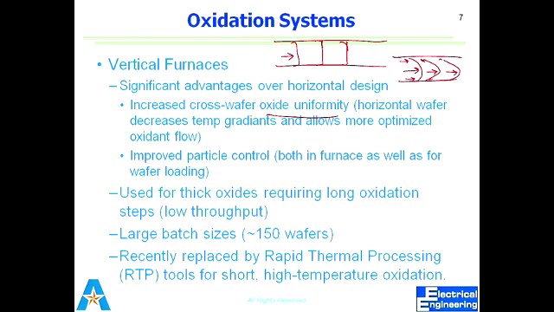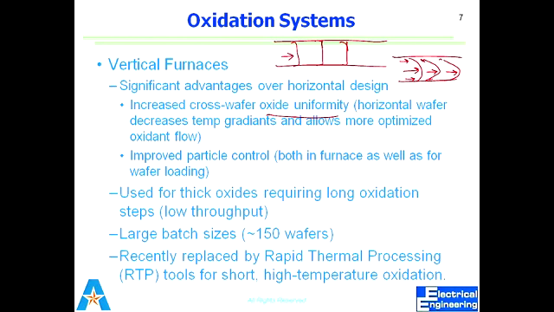Due to the automation of the vertical system, it's a more contamination-controlled process. You are not taking it out of the system, not exposing it to the air, so there are fewer chances of impurities or particles on the wafer. So due to that automation, there is better control of particles or contamination in the vertical furnace.